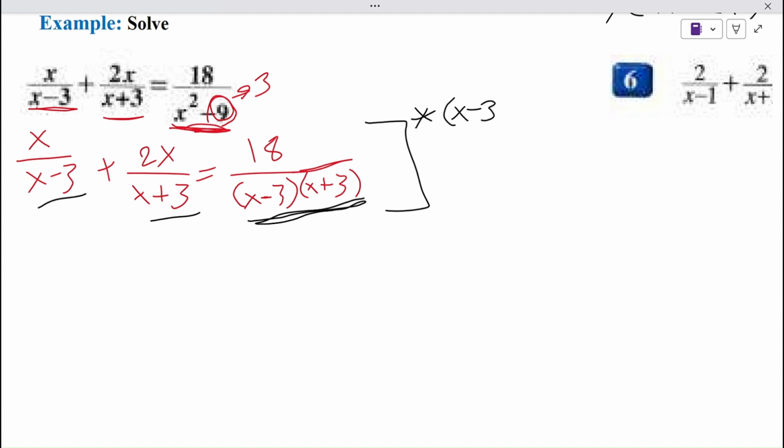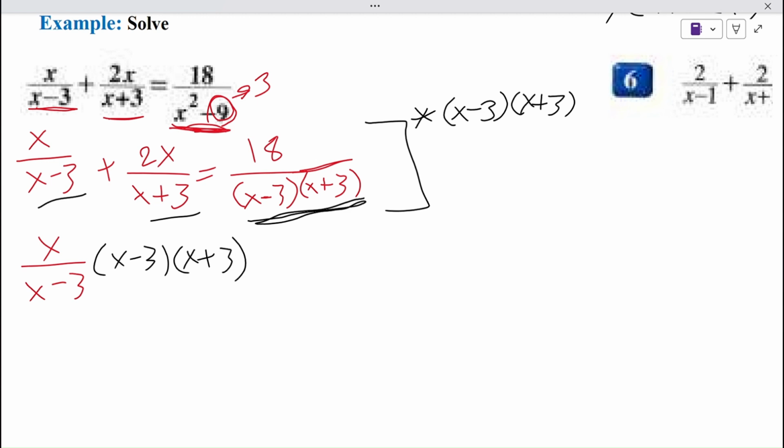Let's multiply them. Write down this rational expression first. X over x minus 3 multiplied by x minus 3, x plus 3. Then write this rational expression again.